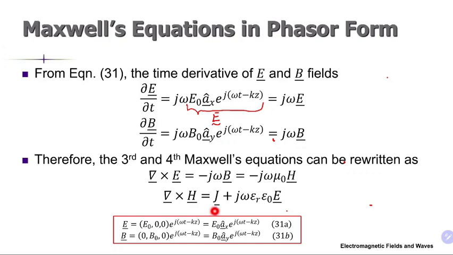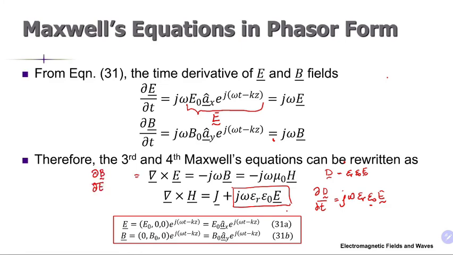And then the curl of H is equal to your J, which is your current density, plus j omega epsilon r epsilon naught E. Previously we have D equal to epsilon r epsilon naught E, and the time derivative is simply multiplied by j omega, giving epsilon r epsilon naught E. And the time derivative of B is simply multiplied by j omega.